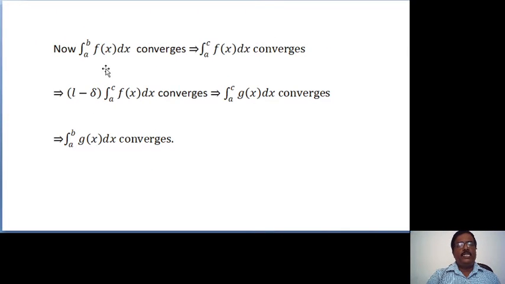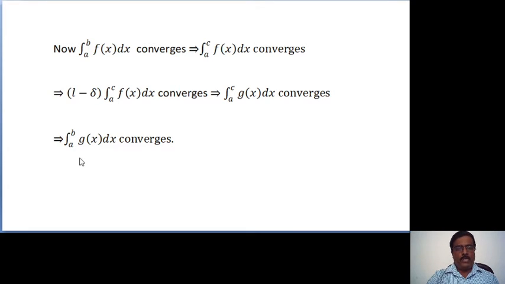Now integration from a to b f of x dx is convergent, which implies integration from a to c f of x dx is also convergent, because the interval a to c is a part of the interval a to b. So L minus delta times integration from a to c f of x dx converges, which implies that integration from a to c g of x dx converges.